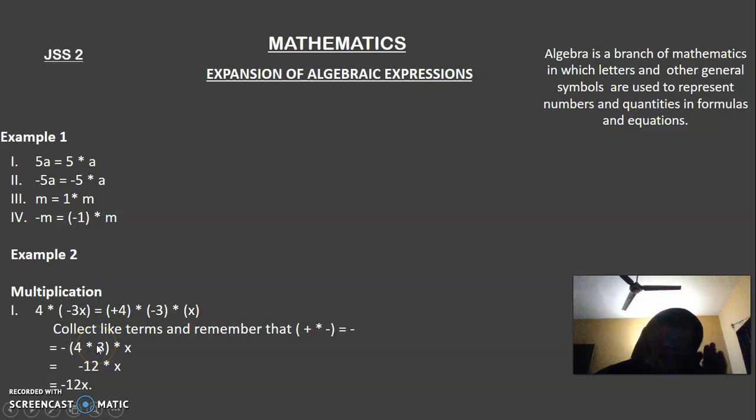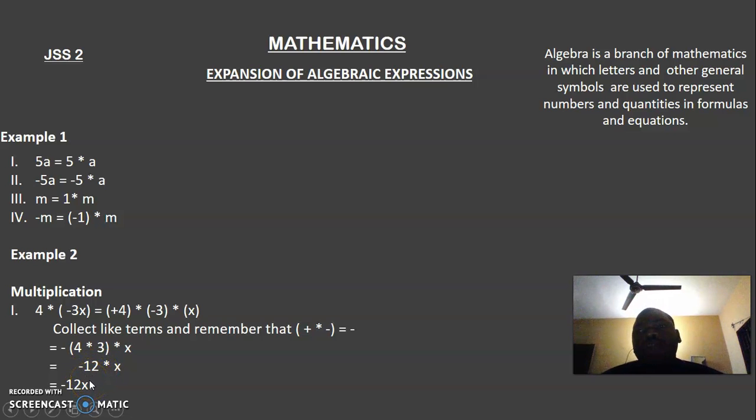And because plus times minus gives us minus, it should now be open bracket 4 times 3, close bracket, times x, which gives us 4 times 3 is 12, minus 12 times x, and this means minus 12x. Any number you multiply by any alphabet gives you the number and the alphabet. So minus 12 times x gives us minus 12x.